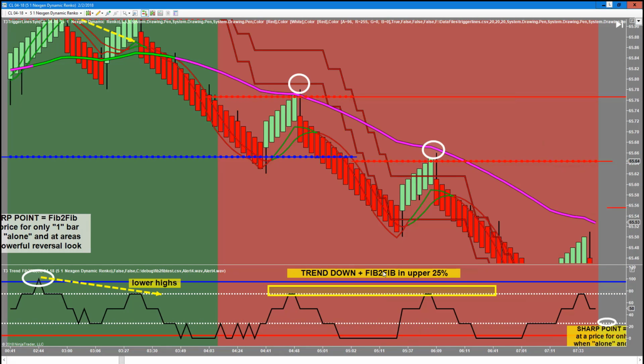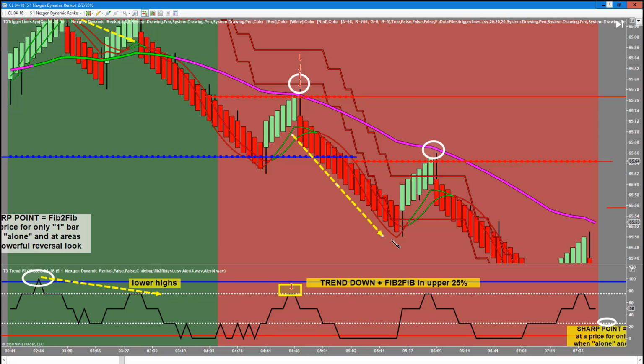So the same way we use the fib to fib oscillator in the lower 25% for long trades, we're going to use the fib to fib oscillator in the upper 25% for short trades, to help us define when and where we can start looking for a potential trade with the background color, with the small triggers below the synthetic triggers, with the fib to fib oscillator at the 75 or 100 upper 25%. And then you'll see what happens.